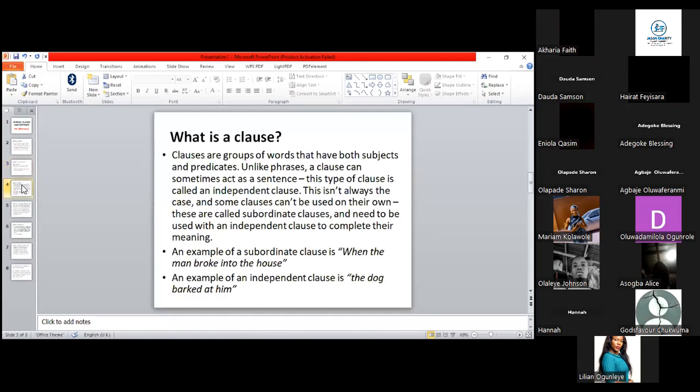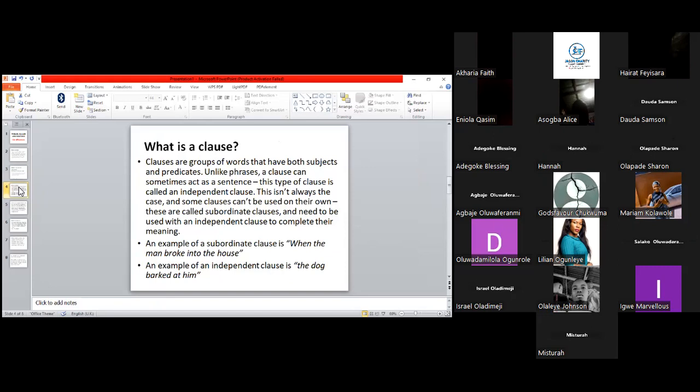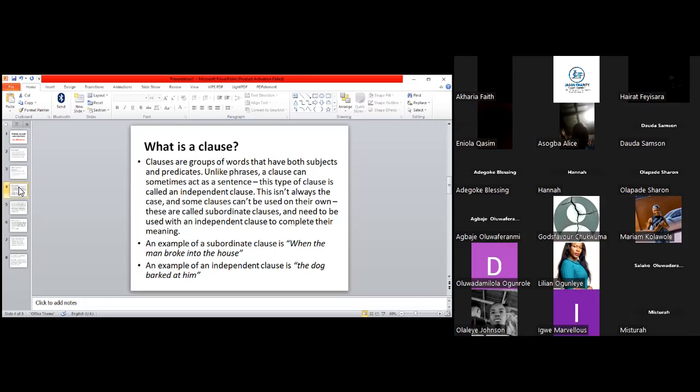So moving up from there. Now, what is a clause? Remember, we have said that a phrase is just words coming together without a complete thought given or without a complete thought expressed. Now, what is a clause? We said clauses are groups of phrases that have both subjects and predicates.